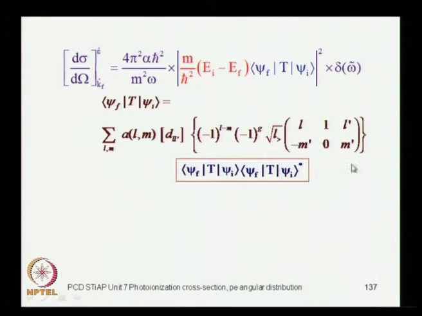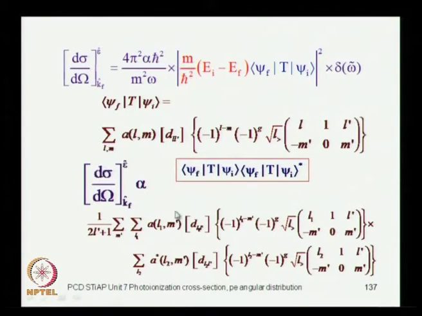So, we have this expression for the matrix element of the operator T, and you will need the complex conjugate of that to multiply this. So, you will have a summation over L in one of these expressions and again a summation over L and M in the complex conjugate.